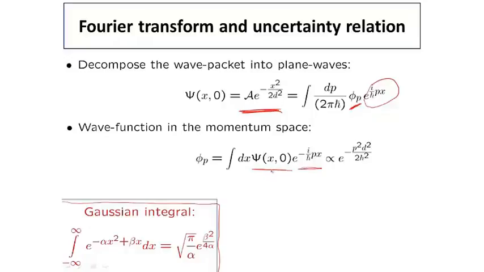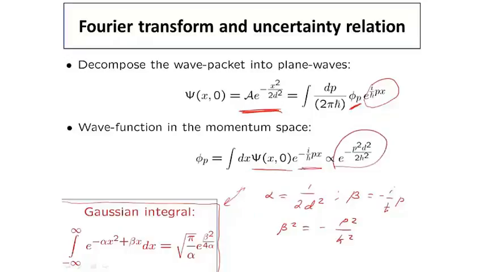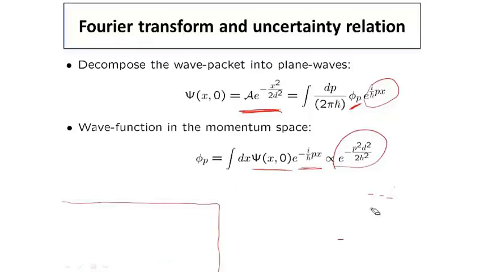If we look at this integral and compare it with this Gaussian expression, we will see that alpha here is equal to 1 over 2d squared, and beta is equal to minus i p over h bar. So if we now use this formula, beta squared is equal to minus p squared over h bar squared, and divided by 4 alpha this will give us the following expression. I completely ignore the overall coefficient, it's not really important for the following. So now let me just erase this and get rid of this Gaussian integral.